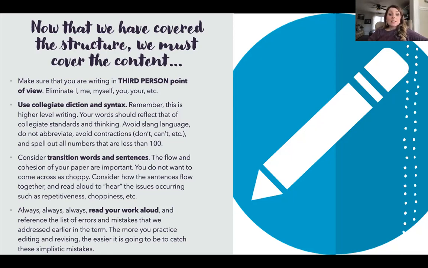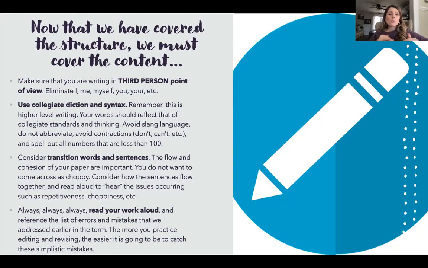Consider transition words and sentences. We talked a little bit about this in the body paragraph when we saw the student merging from one idea to the next, and they use words such as however, additionally, in congruence. Consider how the sentences flow together and read aloud to hear the issues reoccurring, such as repetitiveness and choppiness.